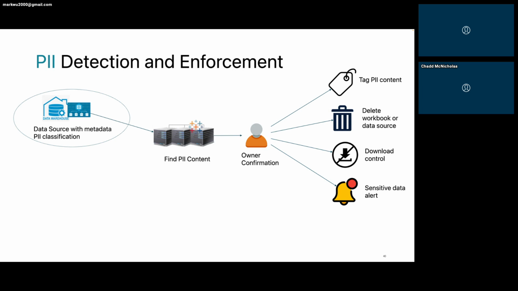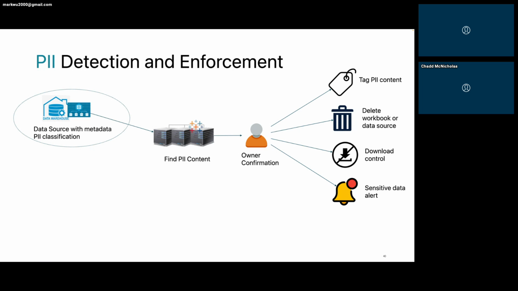Once I got that, I'm able to use Tableau lineage to find all the downstream flows, data sources, and workbooks. That's how I do it for data that comes from EDW.